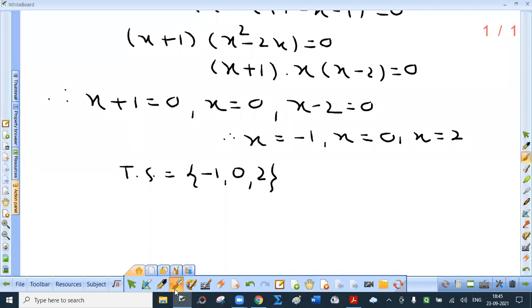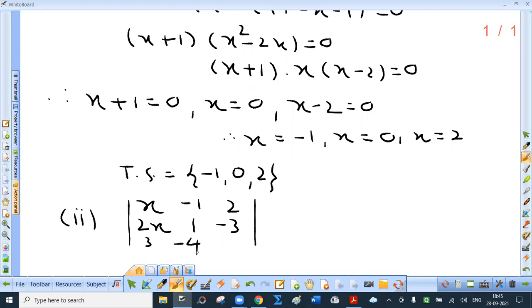Now tell me answer for second. So it is determinant x, minus 1, 2, 2x, 1, minus 3, 3, minus 4, 5.